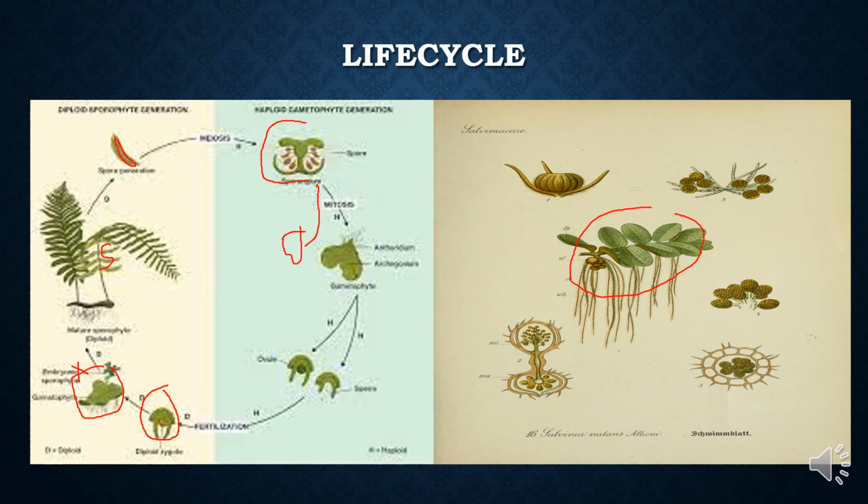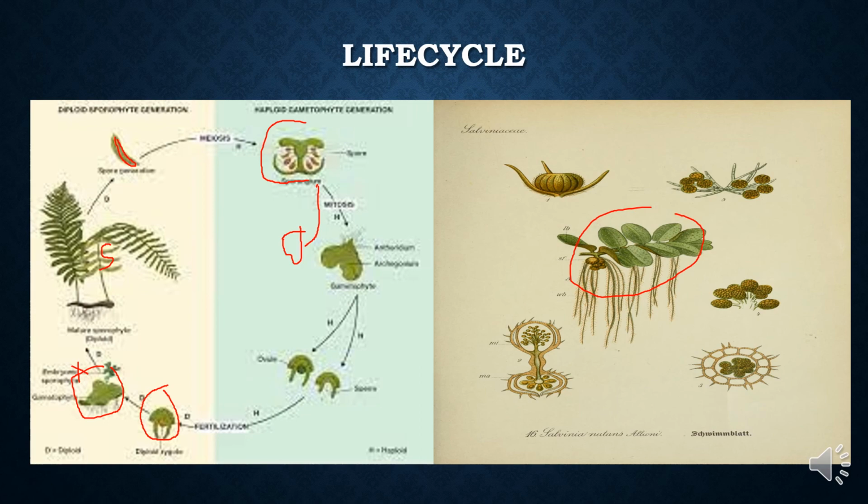So we see that in Salvinia there is a sporophytic diploid plant body which gives rise to the haploid spore. The spore forms the gametes, and the haploid gametes fuse to form the diploid zygote, which divides repeatedly to form the sporophytic plant body.